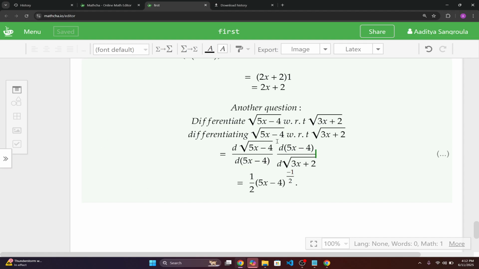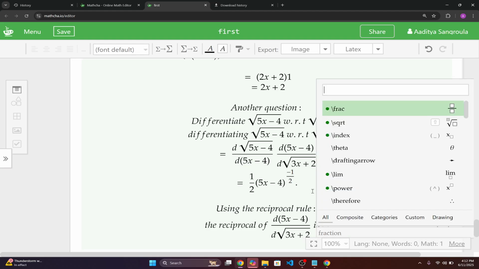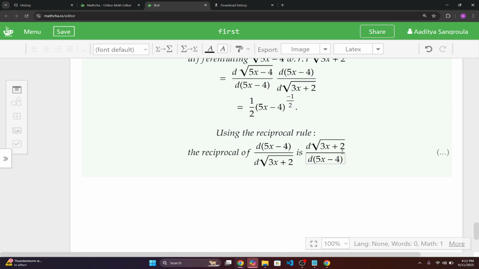But now I think I can use the reciprocal rule. Using the rule is frac d of 3x plus 2 divided by d of 5x minus 4, right?